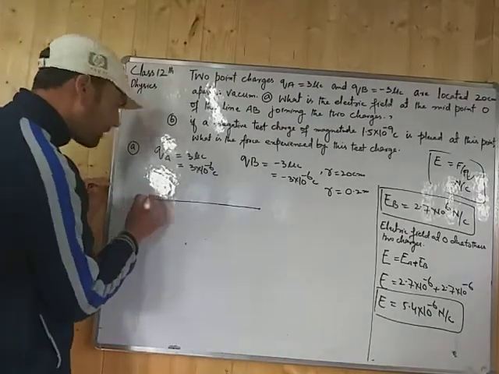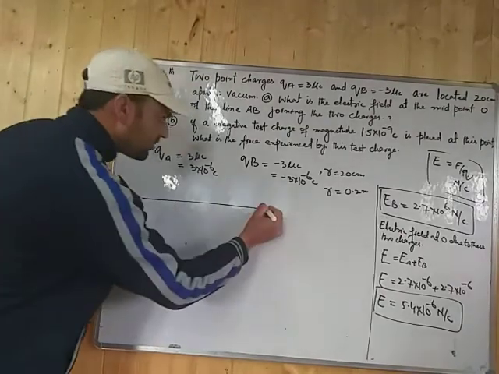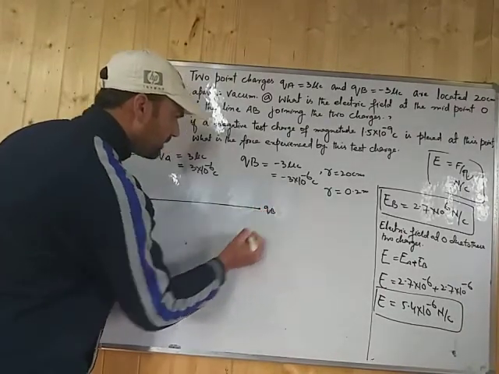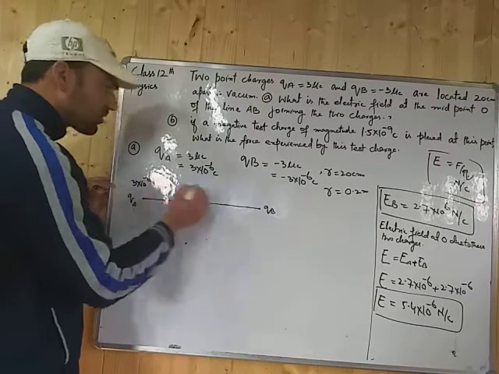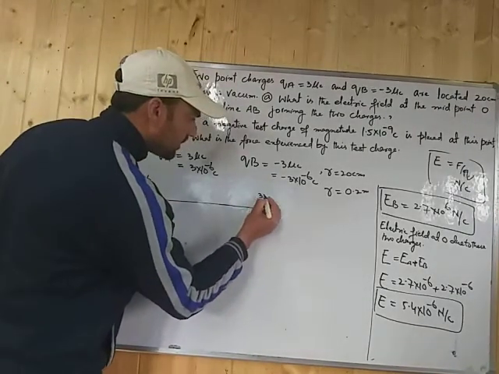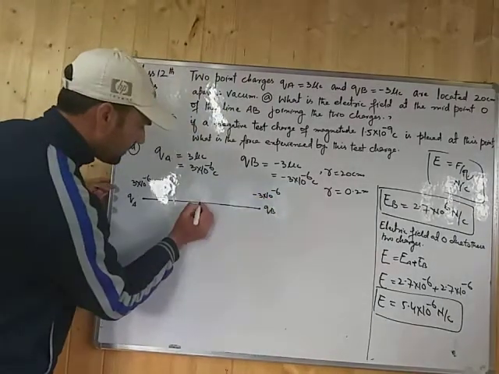So this will be QA and this will be QB, and the magnitude of each is 3 into 10 raised to power minus 6 coulombs, but this one is minus.